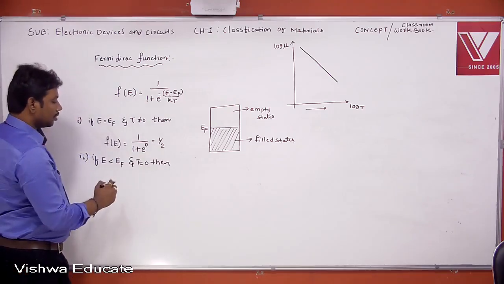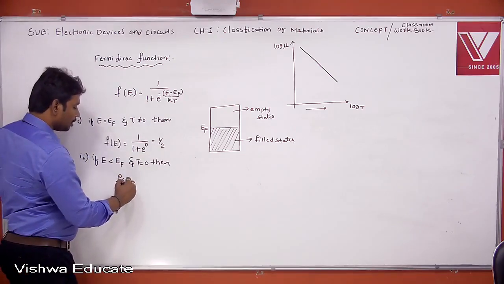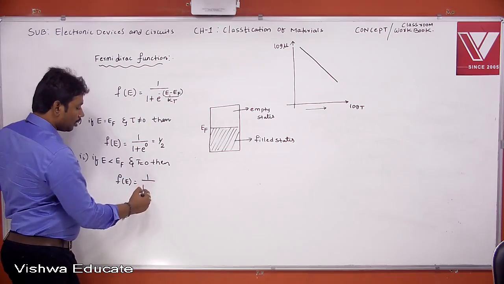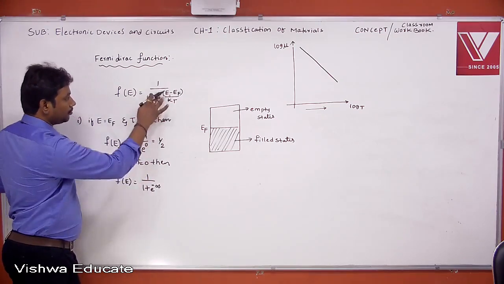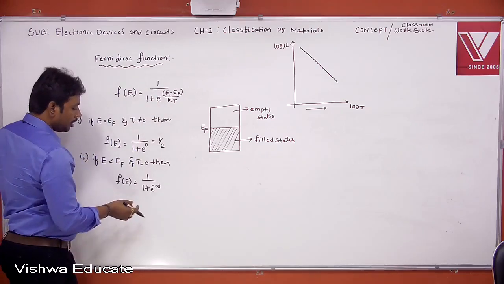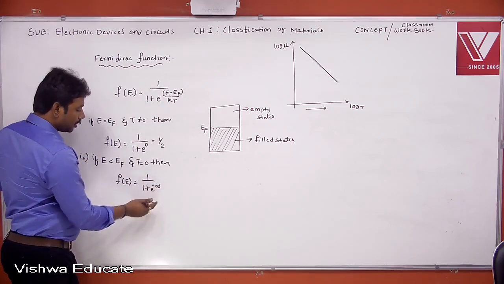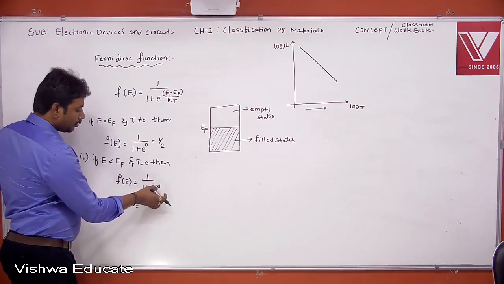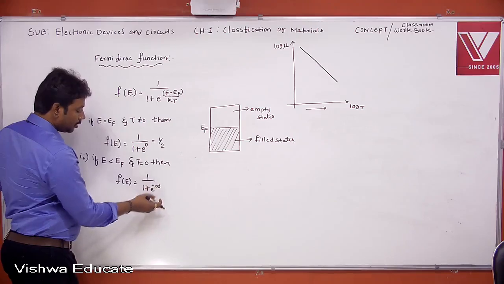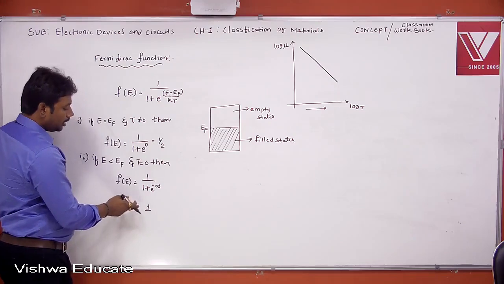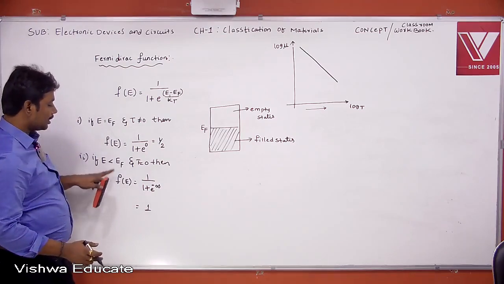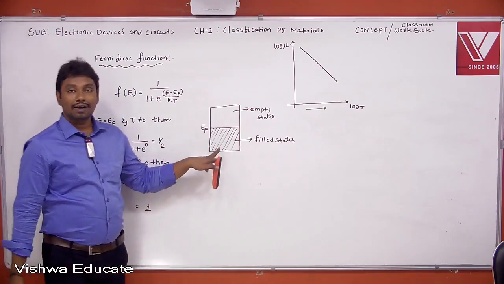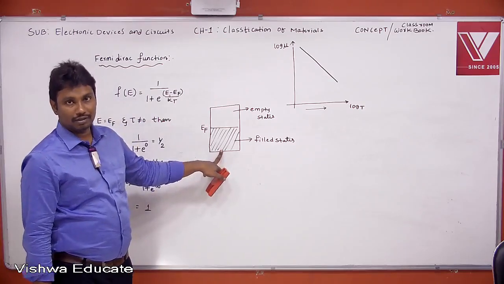Then what should the probability value be? f of E equal to 1 by 1 plus e power minus infinity. e power minus infinity is almost 0. Then the probability value is 1. So for E less than EF, the probability equals 1. That means all electrons will occupy filled states.